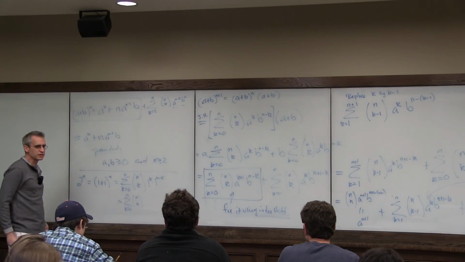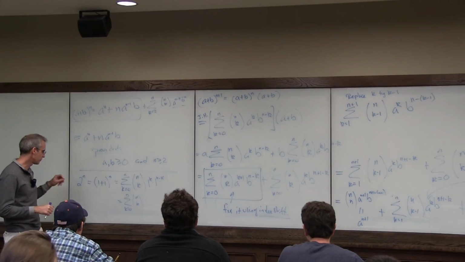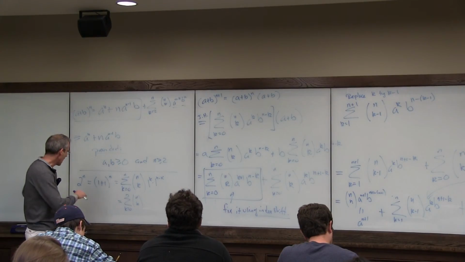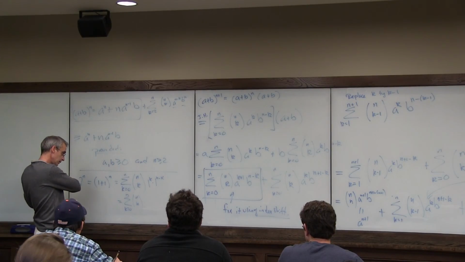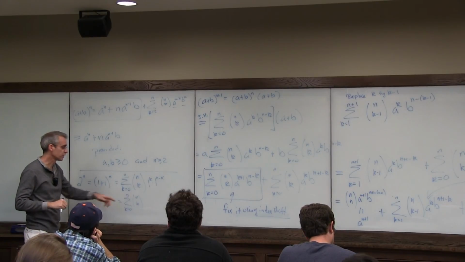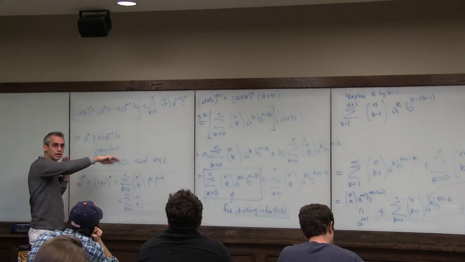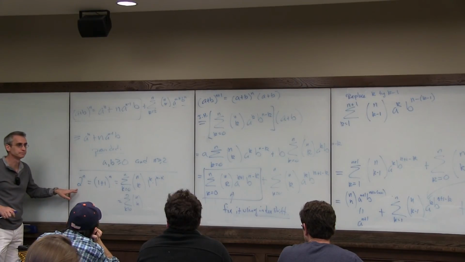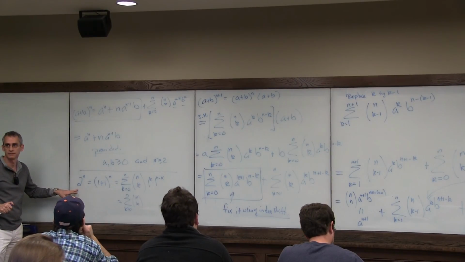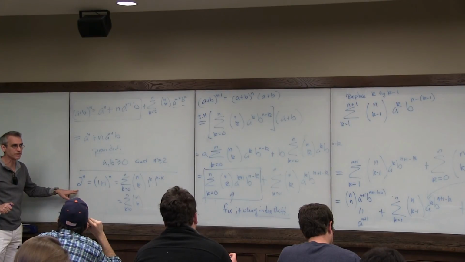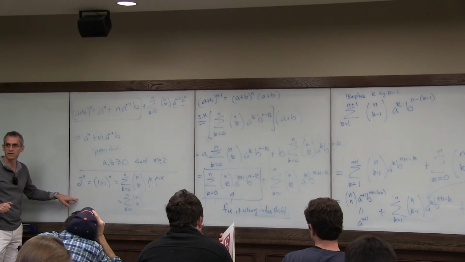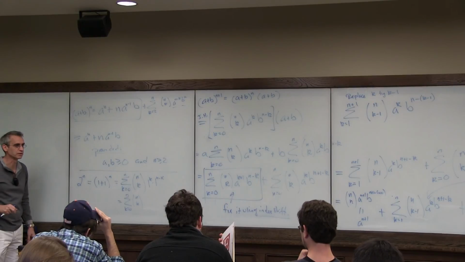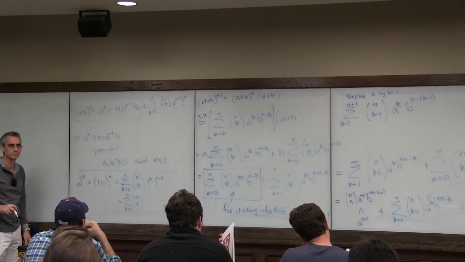So this is kind of an interesting fact. I don't know whether you'll ever have any use for it, but it tells you that if you fix n, you add up across any row in Pascal's triangle, you always get 2 to the n. Okay, again, not obvious from looking at Pascal's triangle, but the binomial theorem makes it a very, very simple statement.